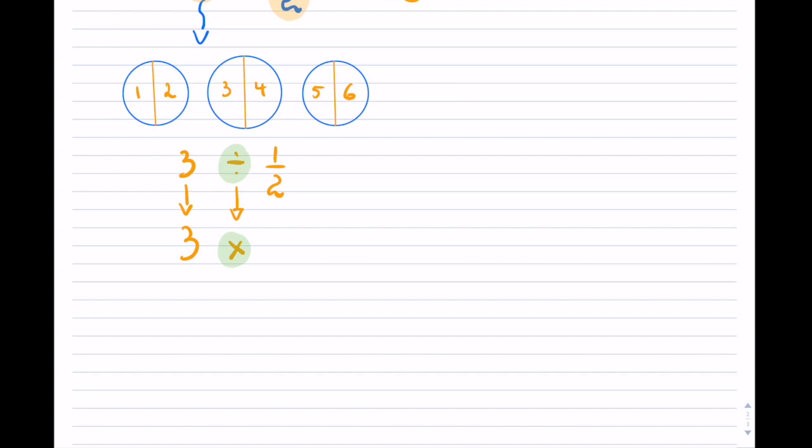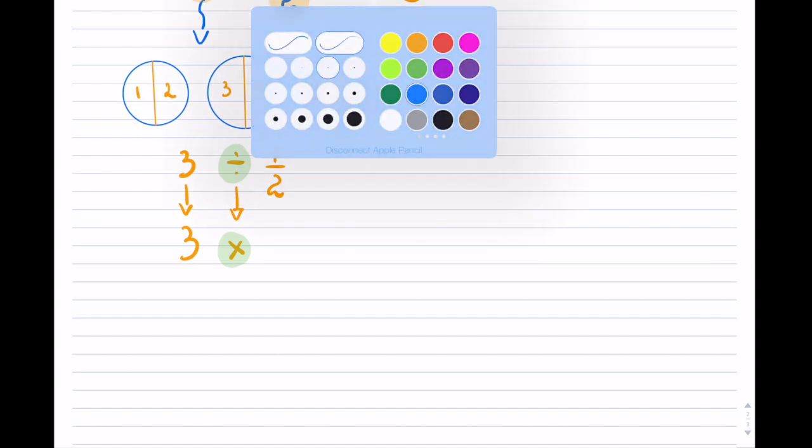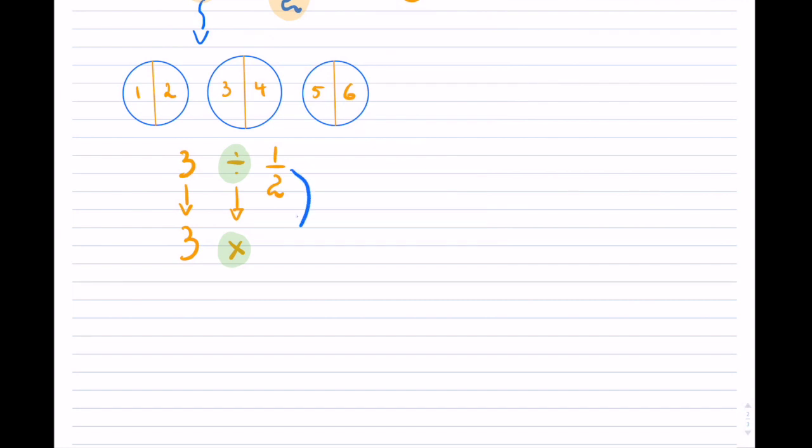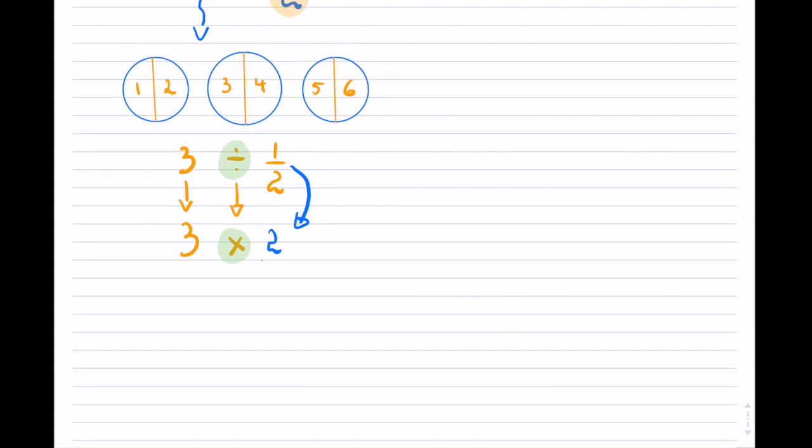But of course, you may ask, can I do that? You can, but only if you take your fraction here, 1 over 2, and take its reciprocal. We just talked about the reciprocal, and that is 2 over 1.